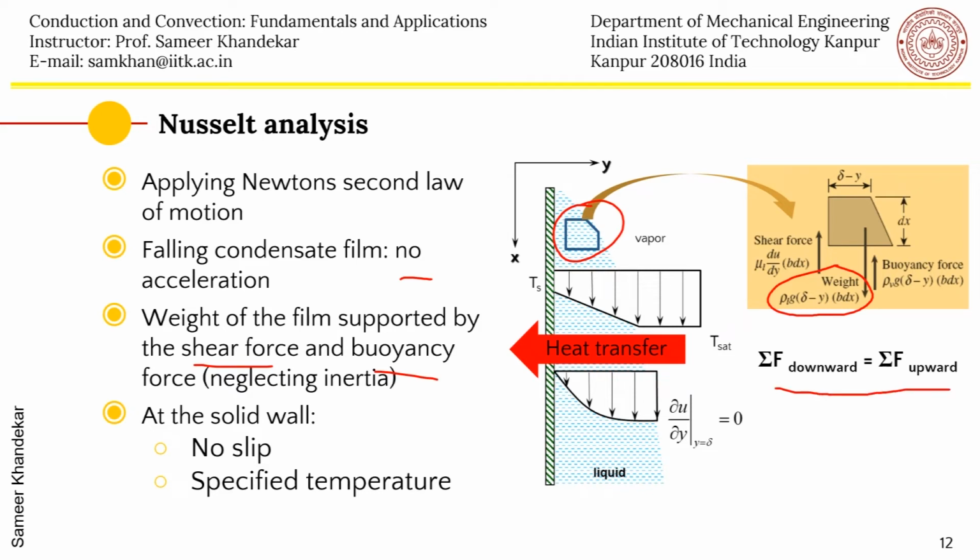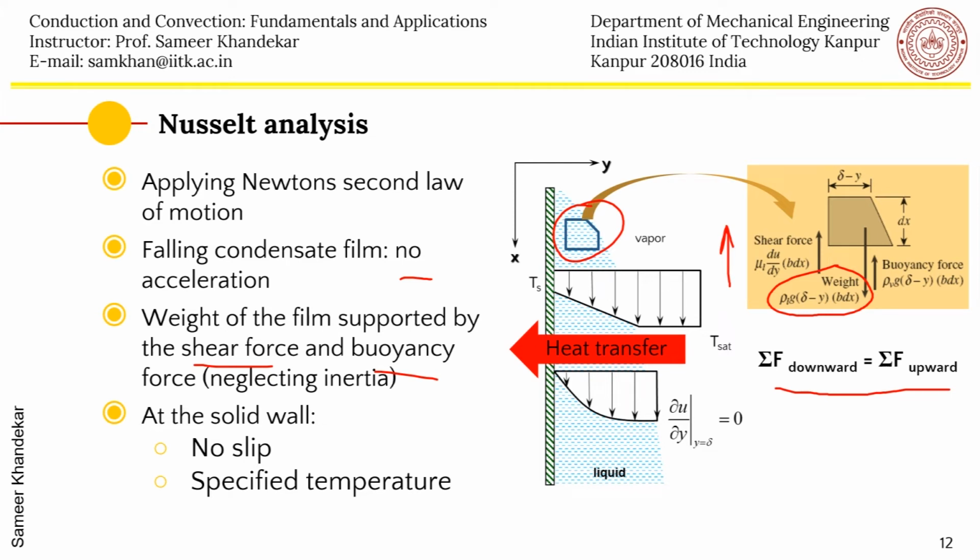There is a shear stress which is trying to oppose this motion, and of course there is buoyancy, because this fluid is a heavier fluid kept in a lighter medium, which is the vapor around it. Our boundary conditions are simpler. We have already discussed these: 2 velocity boundary conditions and 2 temperature boundary conditions, no slip and specified temperature.